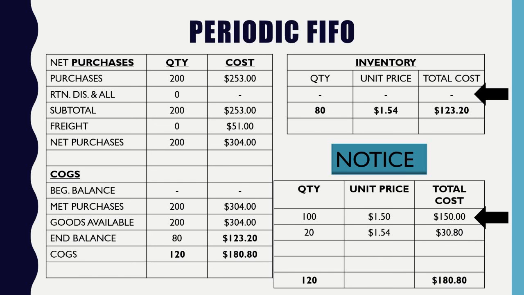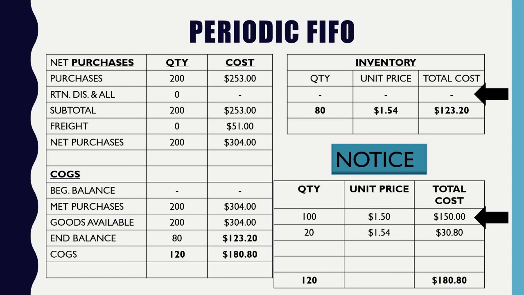We ended on June 15th because someone went down to the basement and decided to get a physical count. And they told you that there's 80 items available on hand. Meaning that we're trying to wrap up the books.